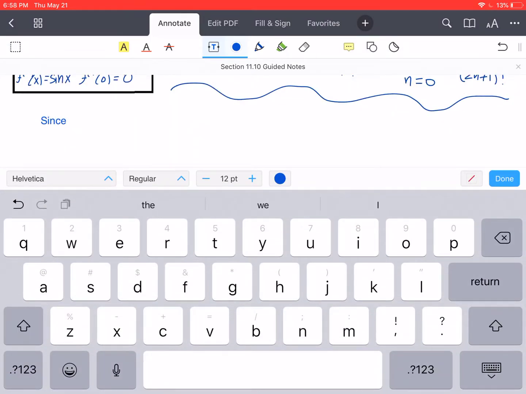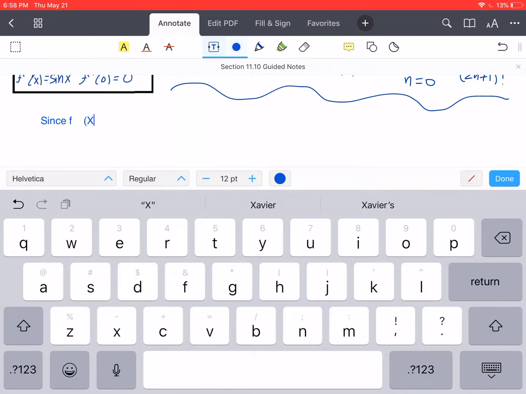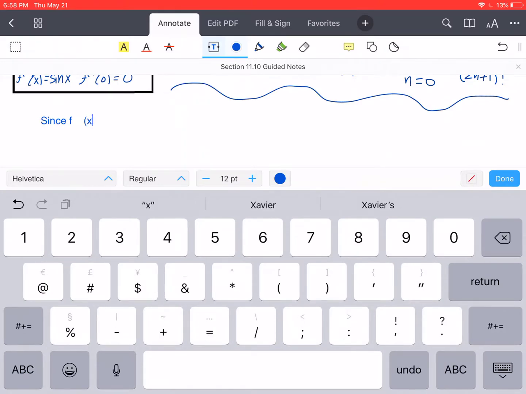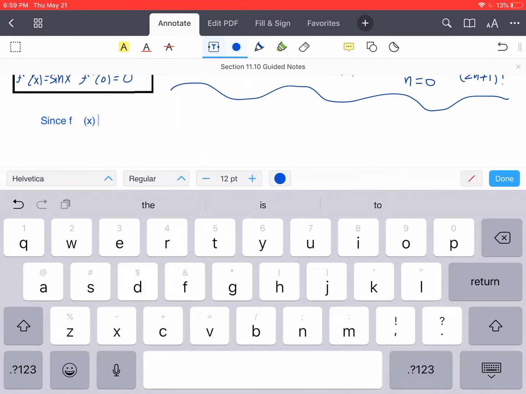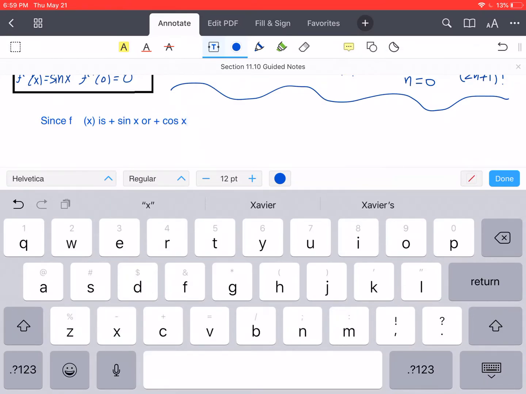Since the n plus 1th derivative of f of x is going to be either plus or minus sine of x, or plus or minus cosine of x.